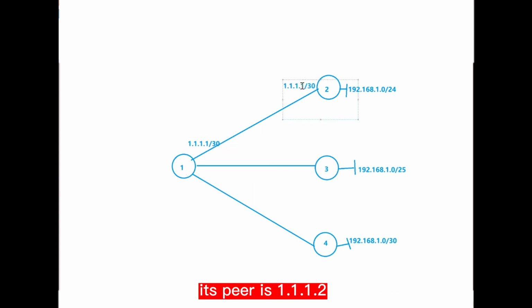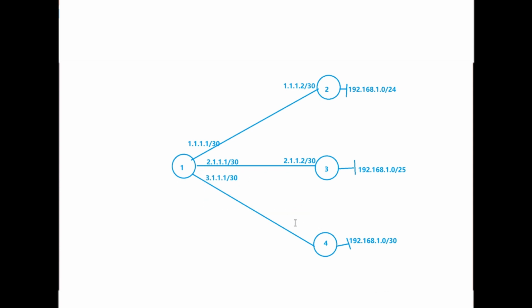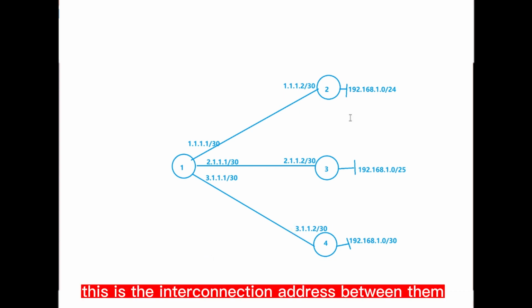Its peer is 1.1.1.2. Suppose here is 2.1.1.1. Its peer is 2.1.1.2. Further down this is 3.1.1.1. Its peer is 3.1.1.2. They are all interconnected. This is the interconnection address between them.